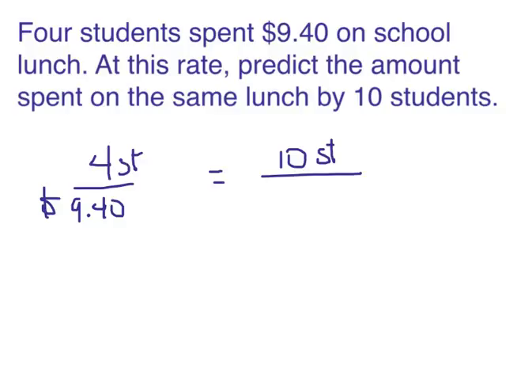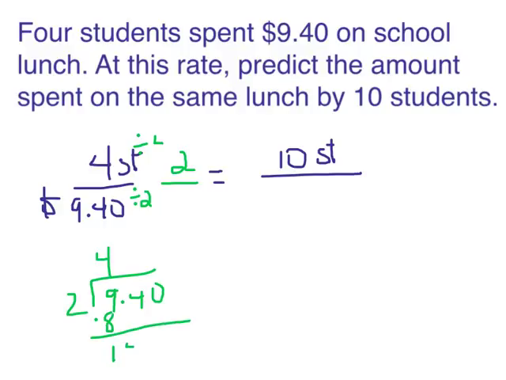So 4 divided by 2 is 2, and $9.40 divided by 2, I can do that math over here real quick. It's going to give me 4, 8, I subtract, get 1, bring that down. 2 goes into 14 7 times, gives me $4.70.